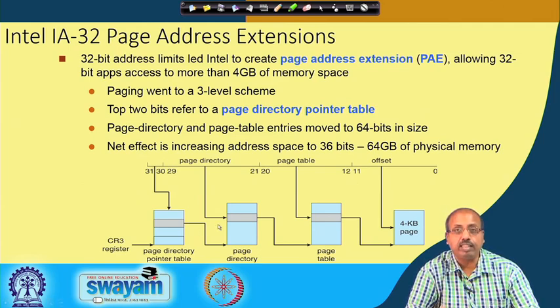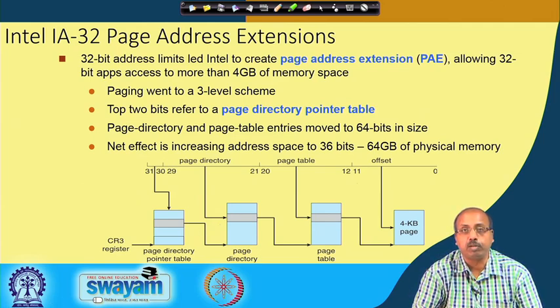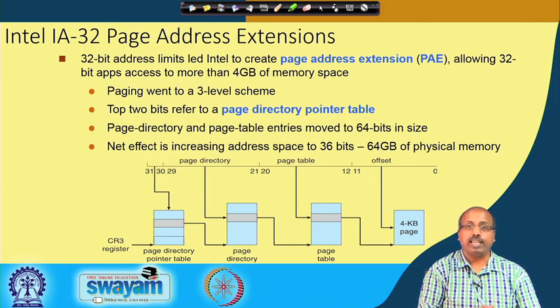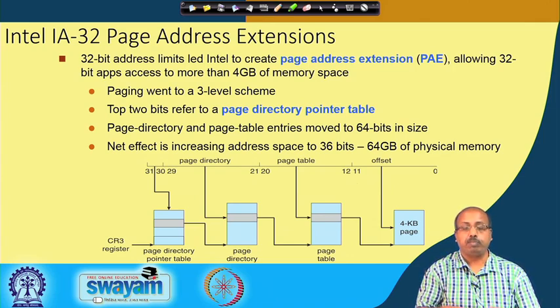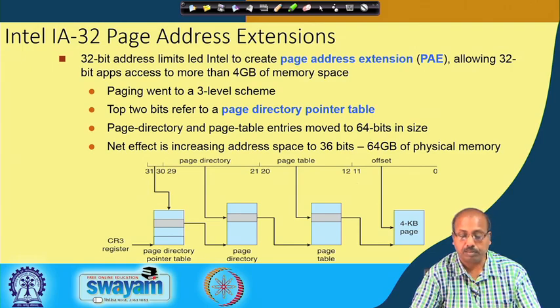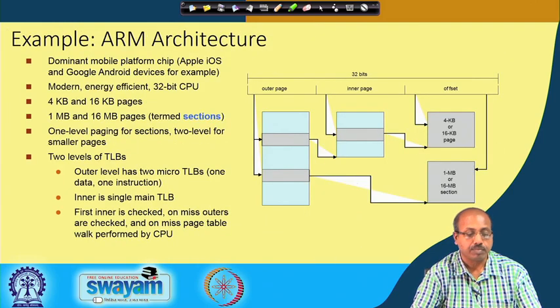So, you can think of this as increasing the number of bits in the page directory, and accordingly we can have more physical memory. Though the page size remains the same, a large number of pages can become part of the process of the system.